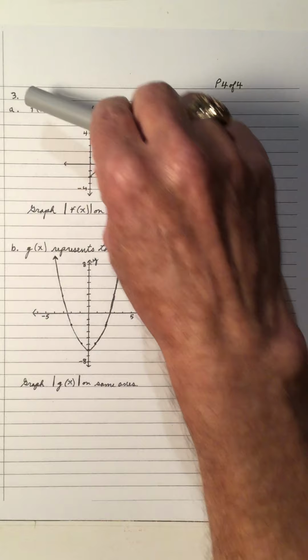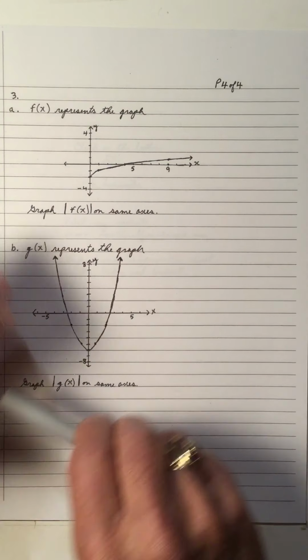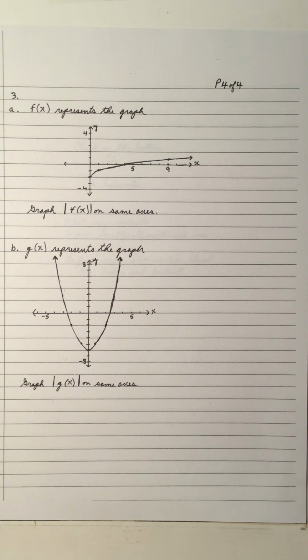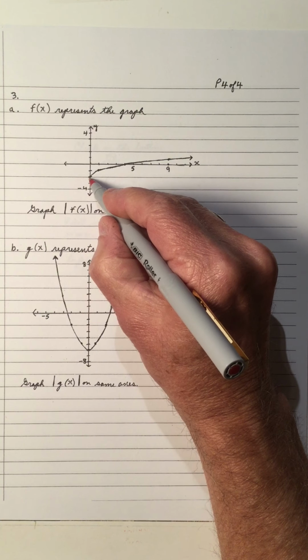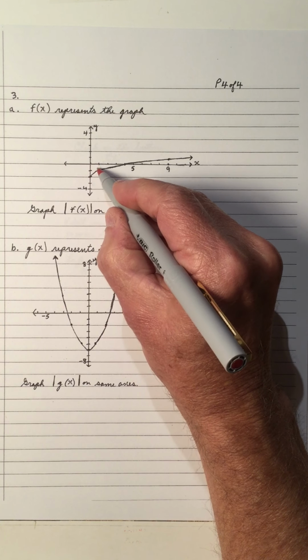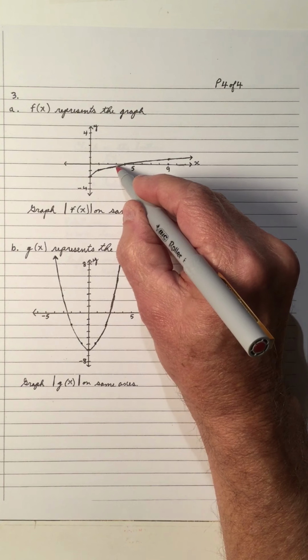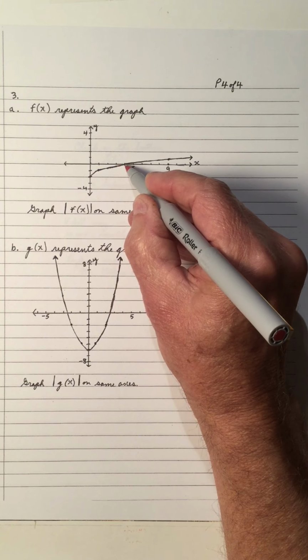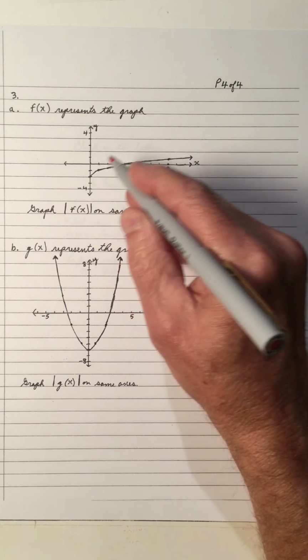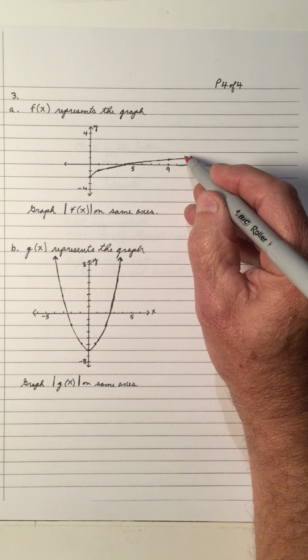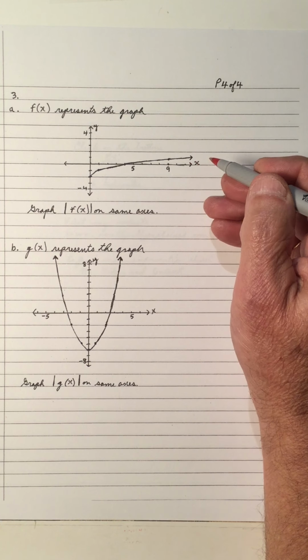So if this is f of x representing here, notice the value when x is 0, y is negative 2. When x is 1, y is negative 1. And so on, like right here. So when I do the absolute value of this graph, I can't have any negatives.